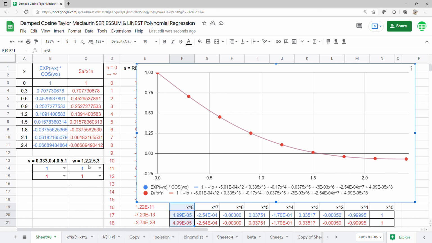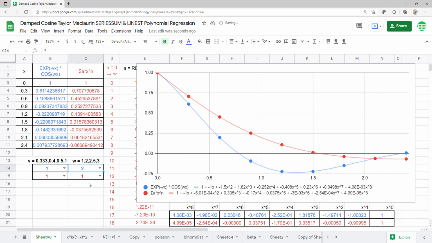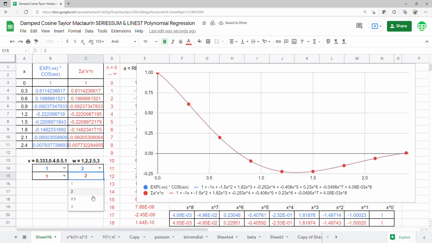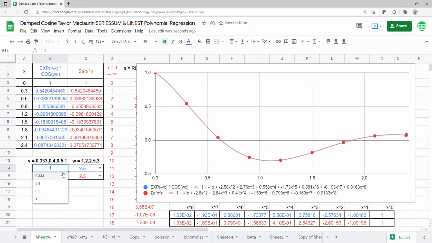Suppose I change this to 2. I will change this also to 2. I'll change this to 2.5. I will also change this to 2.5. Change this to 0.33.